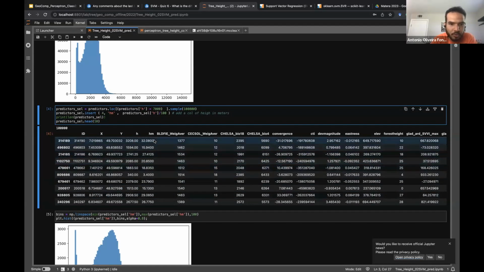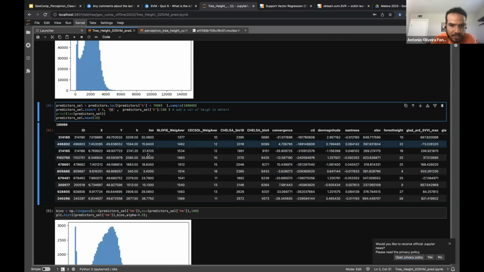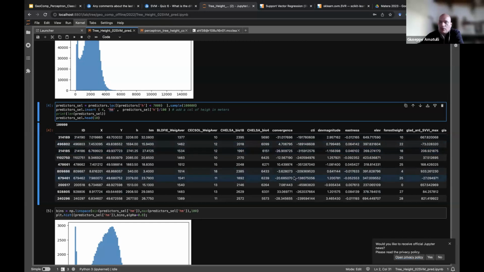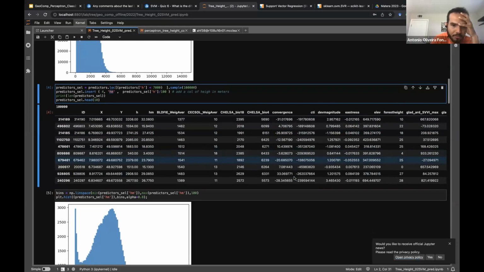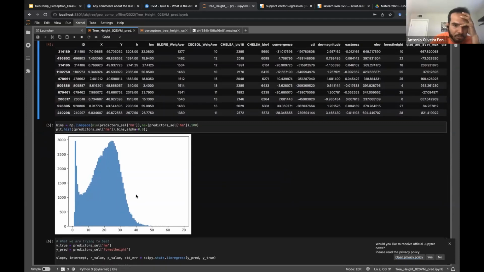You'll observe that now we have this height in meters, which we're going to call HM, and which is very nicely already put here for us. I think this is in meters, Pepe, because you see that the forest height is also in the same magnitude now. It was already in meters. Okay, very well. So that's how our distribution looks now.